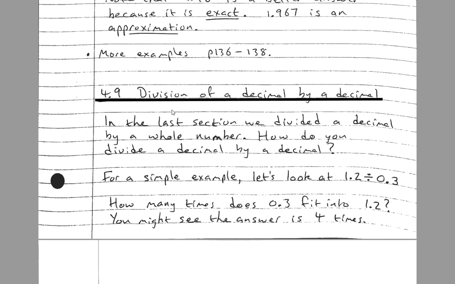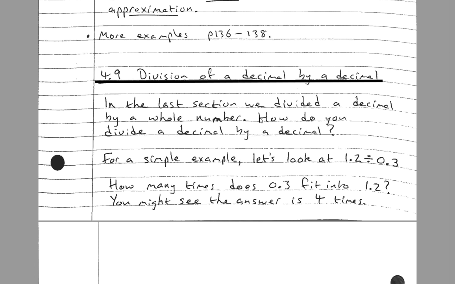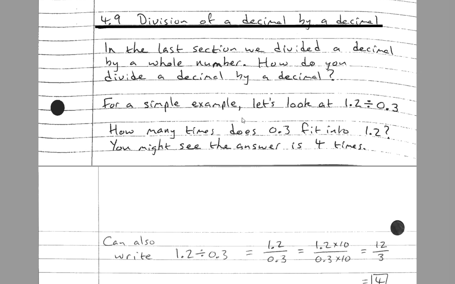Now we can look at the general case. So we've been dividing a decimal by a whole number, but what happens if it's a decimal divided by a decimal? Let's start with this example. So here we have two decimals, 1.2 divided by 0.3.